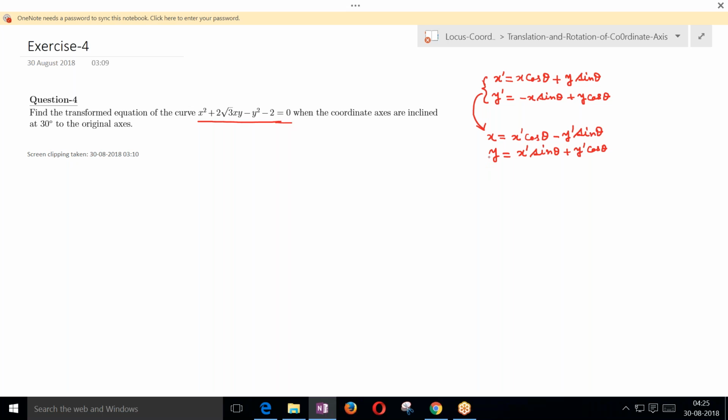Now from this, what we can conclude, because theta is equal to 30 degree.